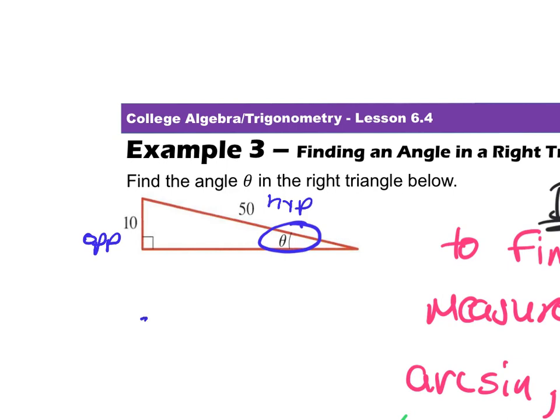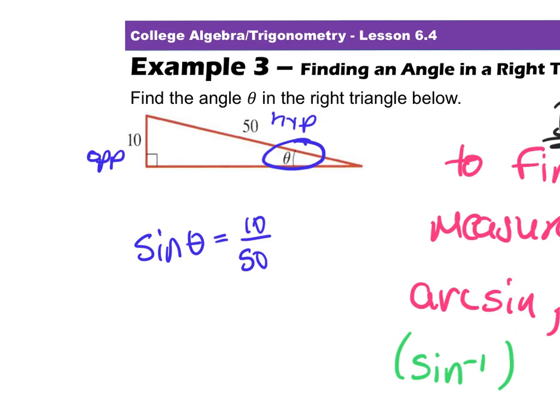You guys would say sine theta equals opposite, which is 10, over 50, which is your hypotenuse. Everybody with me? Okay, so if I simplify this, sine of theta equals 1/5.